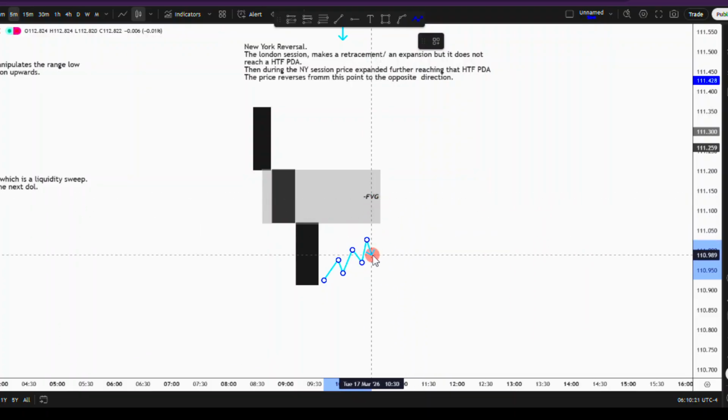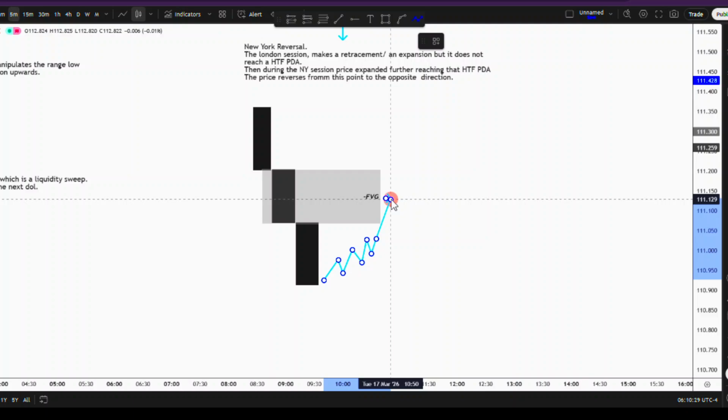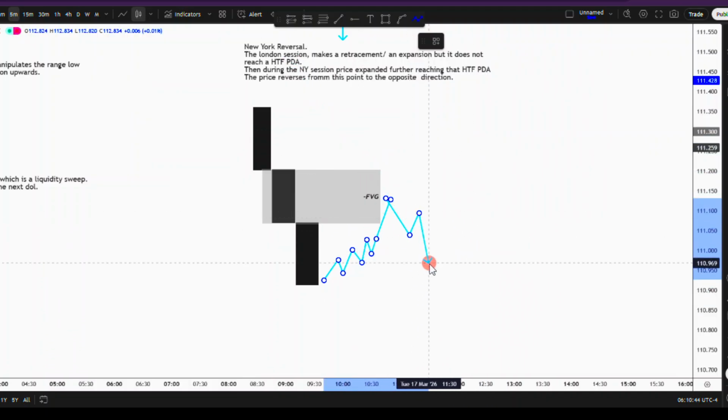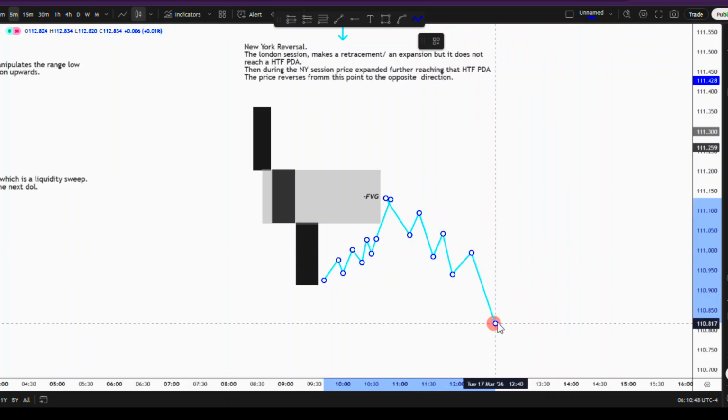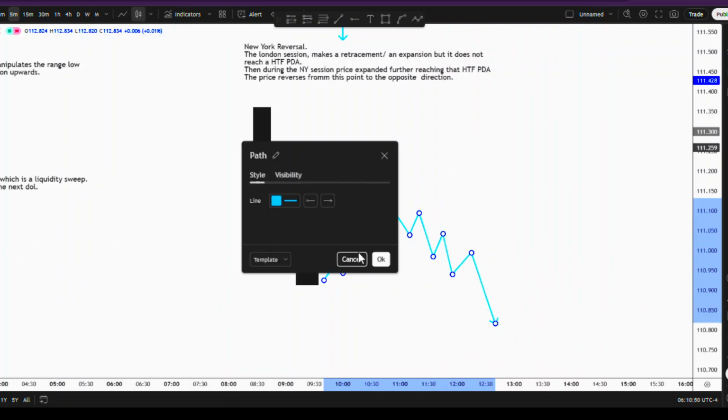So we expect during the New York open session price to continue until it reaches this point and engages, filling this daily imbalance, and then after filling it we reverse, giving us a New York reversal. After that we will have a change in state of delivery, and then we continue downwards in our direction.